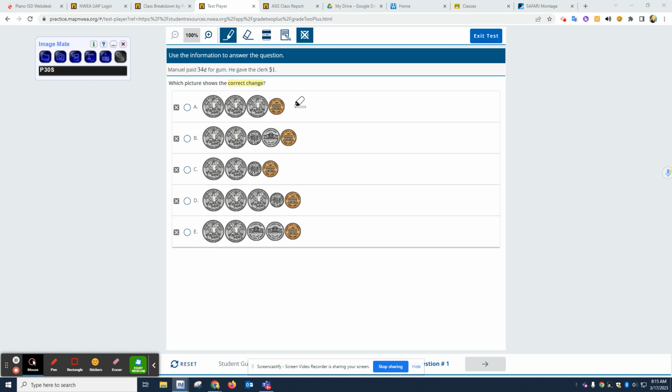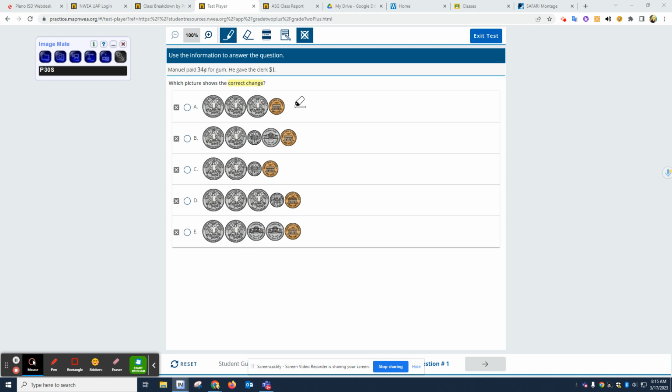When I add all that up, I get 66. C, 50, 61. I'm actually writing these down, and I'll show you what I did. And then D, I have 3 quarters, so I have 75, plus 10 is 85, and 1 more is 86. And then E is 50 plus 5 is 60, plus 1 is 61.